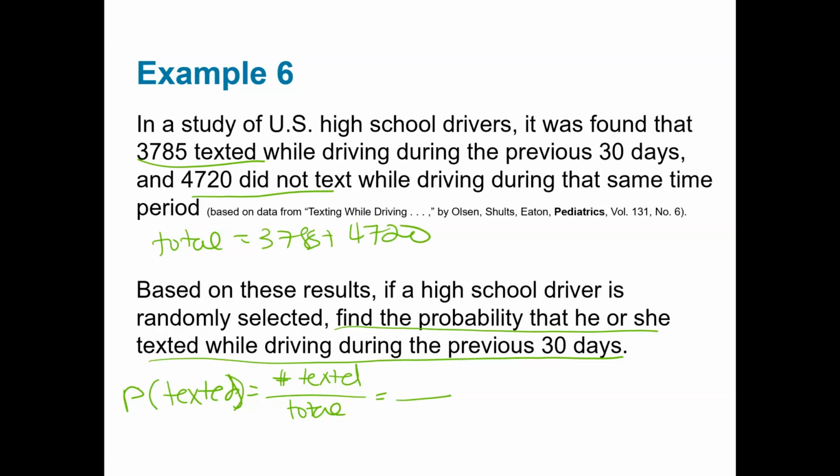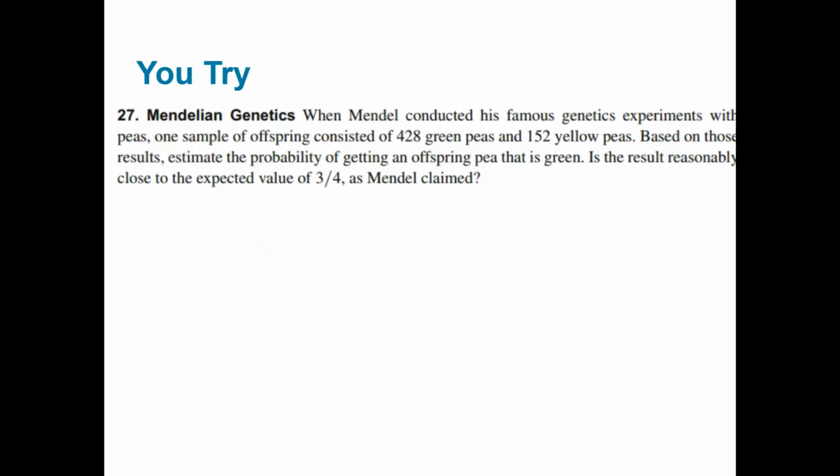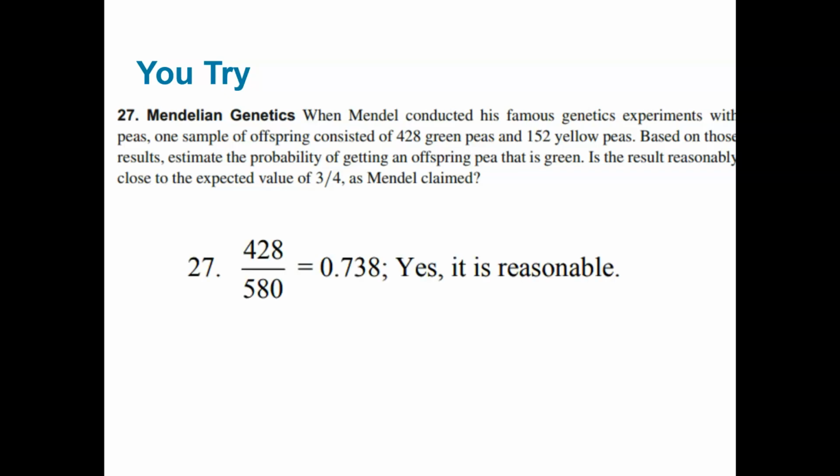And our total is 8505, and the number that texted is this 3785. When I divide those 2 numbers, I get 0.445, and that is the probability. Go ahead and give this one a try. And there you go.